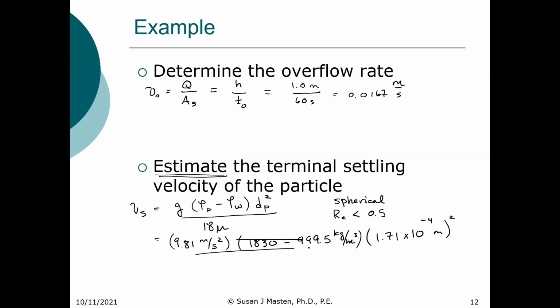That's squared, divided by 18 times the dynamic viscosity, which is 1.235 times 10 to the minus 3 Pascal seconds, and that is equal to 0.0107 meters per second. Okay, so we've now estimated the terminal settling velocity.